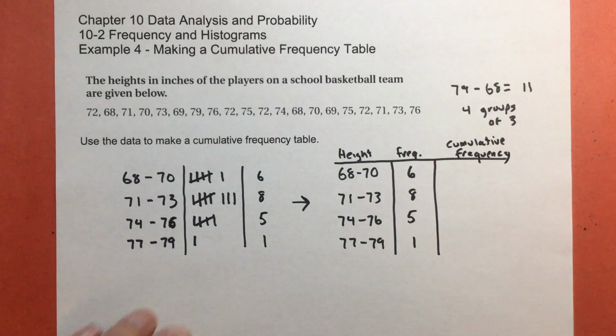Cumulative means as you go you keep adding, or as you go you keep changing it. The key is as you go. You'll hear this in school, because you'll get your GPA for each quarter, but then you'll have a cumulative grade point average, which is your GPA for all of your classes up to that point.